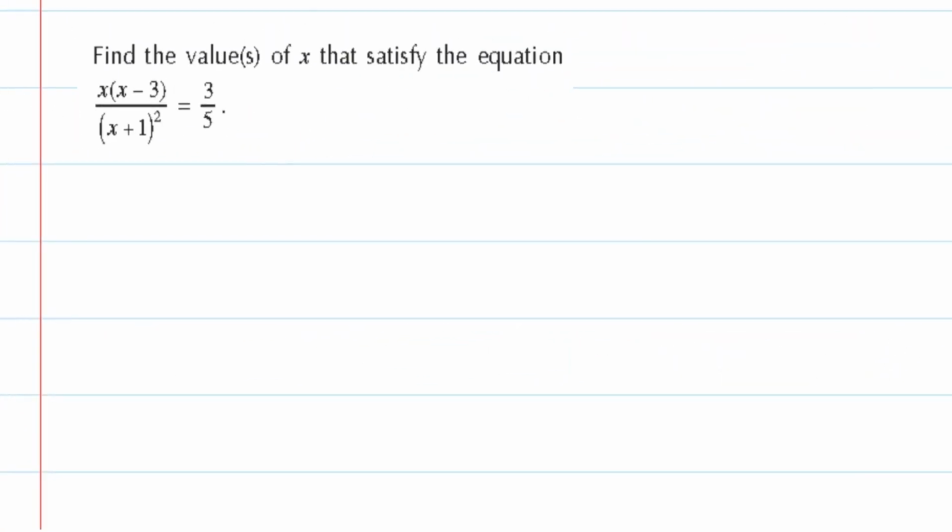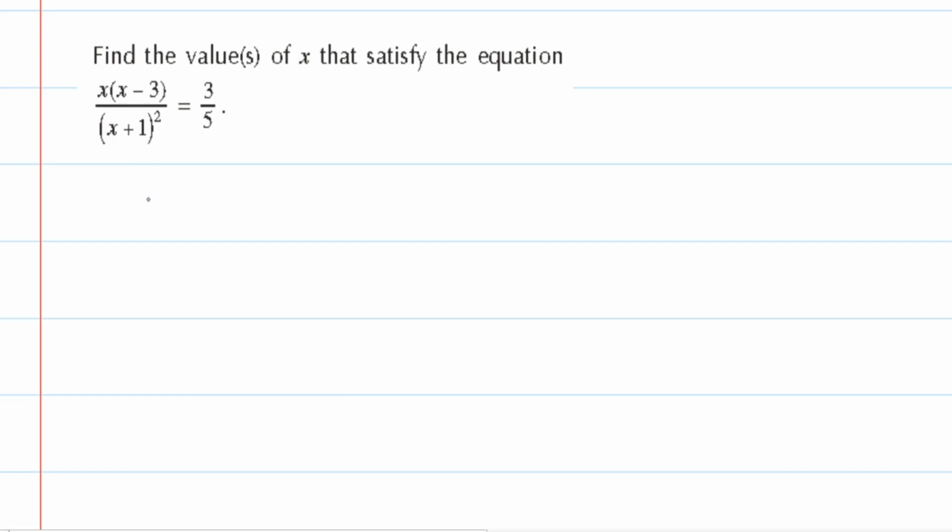Find the values of x that satisfy the equation. We have x into x minus 3 over x plus 1 whole square is equal to 3 over 5. So we have a fraction on both sides. In such cases, we cross multiply to make the equation simple.